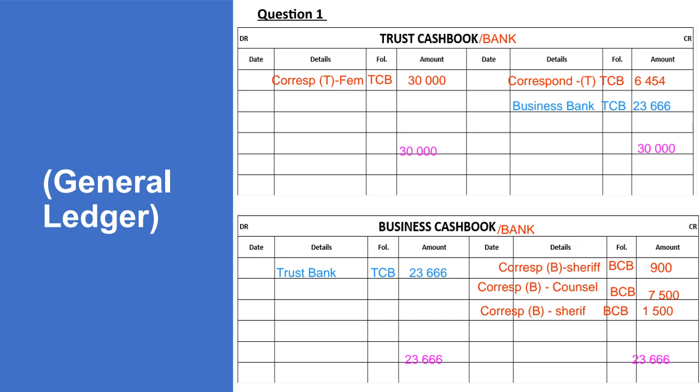Okay, that is how to balance the account. And then thereafter, can you see? So for me to find this amount, I said 23,666 minus everything that I see here. I got this. And thereafter, I must bring it down on the other side. Can you see? That's how you must do that. That's how to balance the account. You must put it down there, but you call it balance brought down.